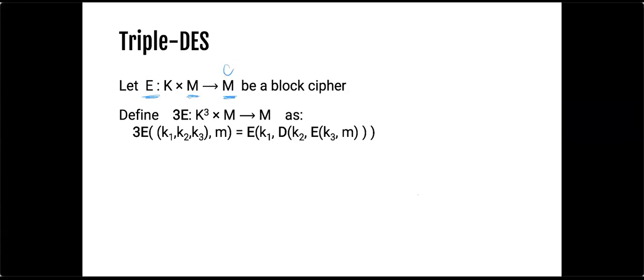Then we define the triple DES, for which we use 3E to denote the scheme where we have 3 keys.